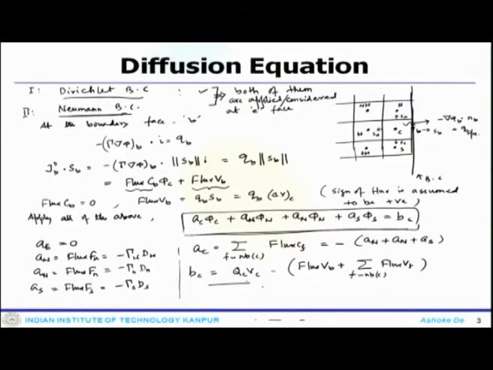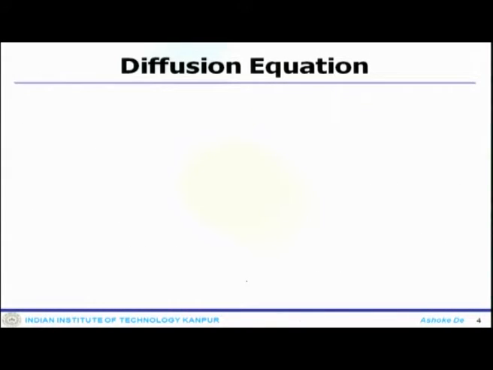Now, there are a few important comments or observations. One important observation is that this Neumann boundary condition does not result in a dominant A C coefficient. That is a very important observation.